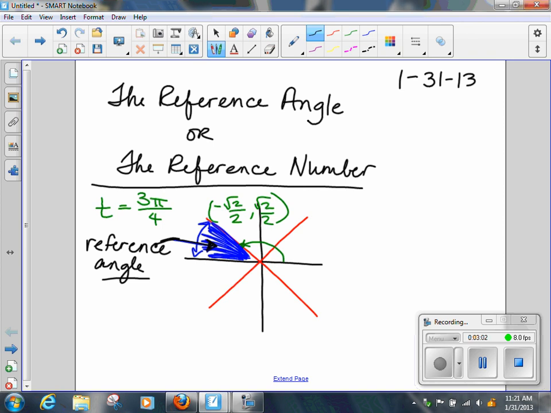And I want you to think of it this way. A reference angle is like this. Most of you guys, because I don't make any bones about it, if you've been driving near me, I have the need for speed. I like to drive fast, within reason. I'm only 5 over, okay?